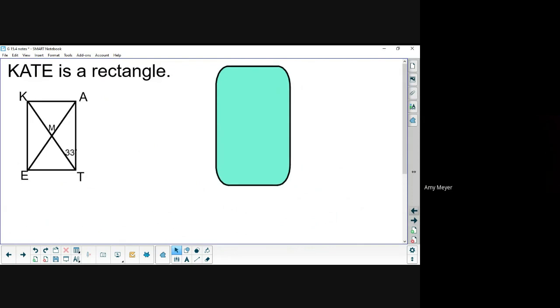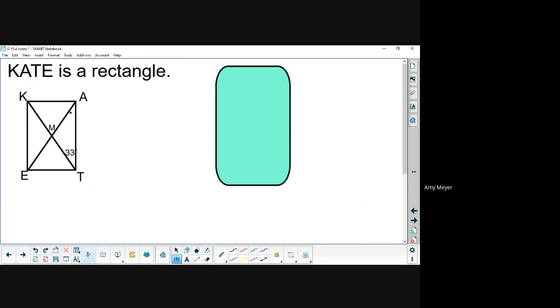What we're going to do is we're just going to list everything we know about some angles. Can anybody get me started? Any angle in here you know? Which one? TAM. Okay, so he's talking about angle TAM, which is this one right here.